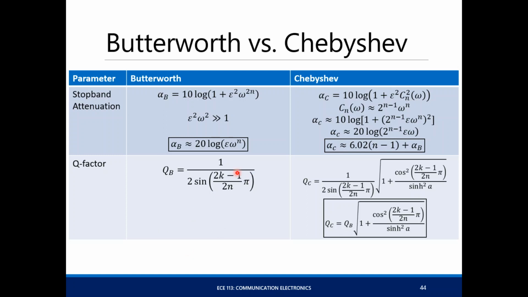So the Q factor has a simple equation. Compared to your Chebyshev, well, you have this large equation right here for your Q factor, but you don't need to memorize all that. You just need to understand how to design these filters using biquad implementations, right? So you don't need to memorize all this.